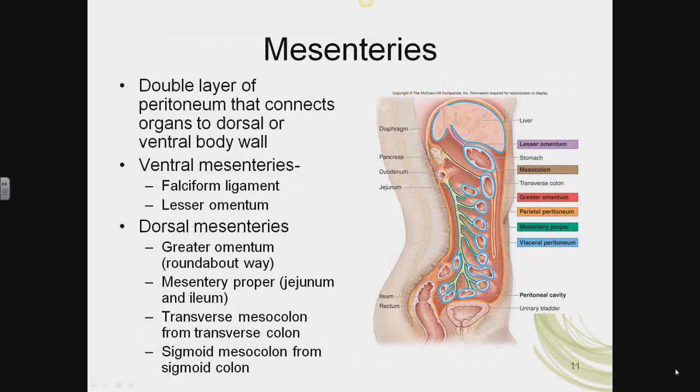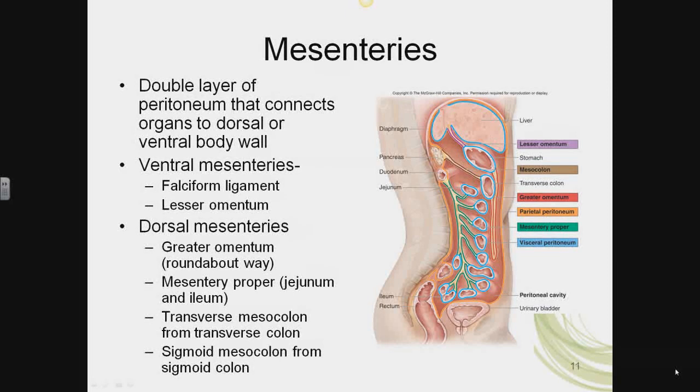Some organs are behind the peritoneal cavity, and we call them retroperitoneal organs versus intraperitoneal organs. An example of a retroperitoneal organ would be your kidneys, but also your pancreas and most of the duodenum.